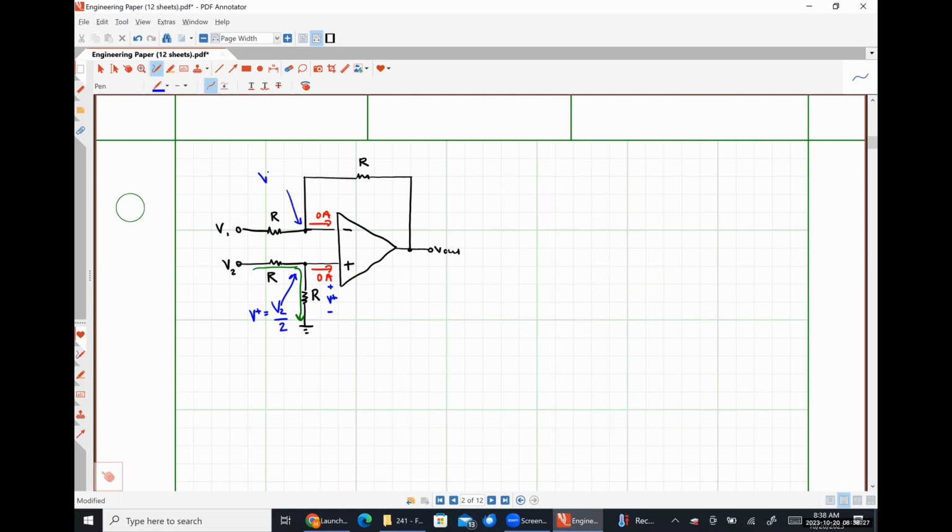For our next step, we would know that V minus, the voltage at the inverting input terminal, is the same as the voltage at the non-inverting input terminal. So this voltage here is also, sorry, V2 over 2.